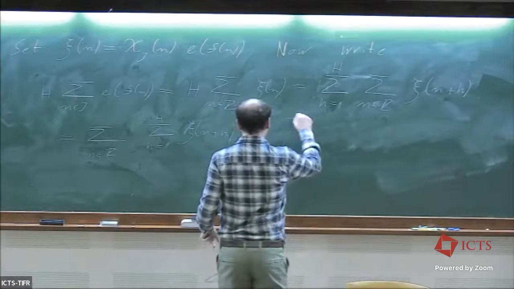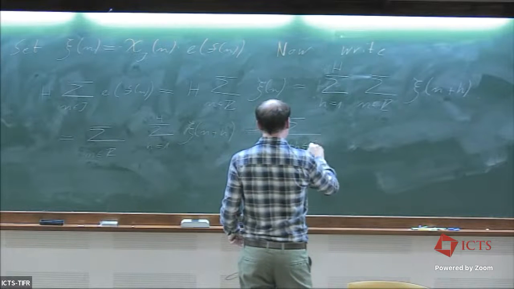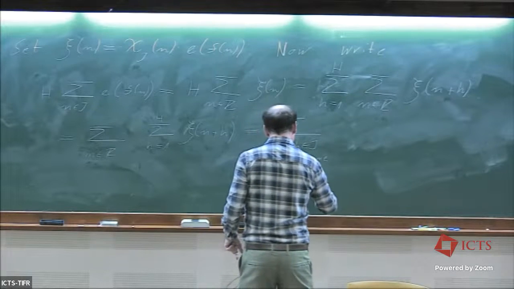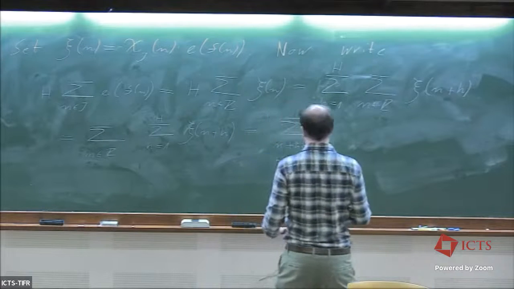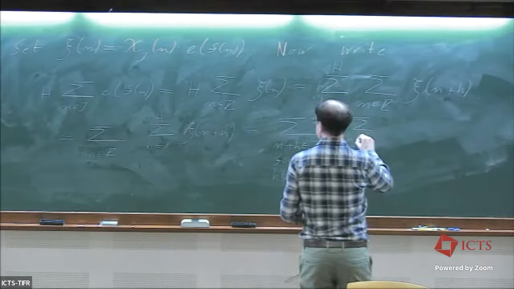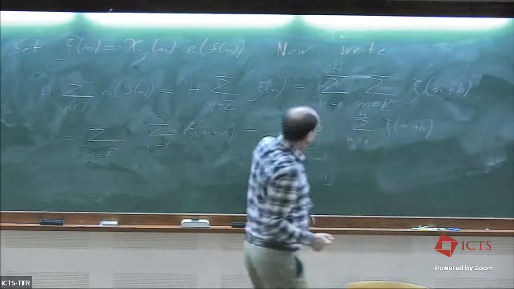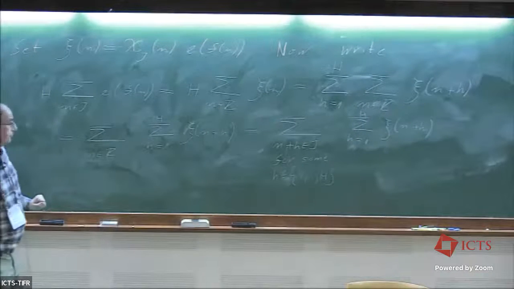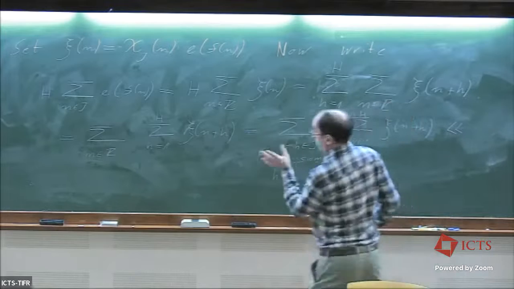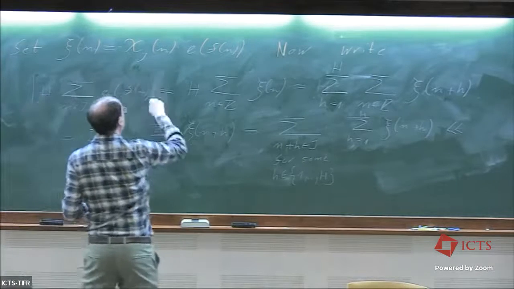So we can write n+h in I for some h from 1 to capital H. And to that we apply the Cauchy-Schwarz inequality. What we get is, let's take the square on both sides, so I square the whole thing.